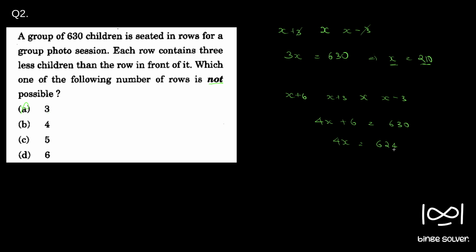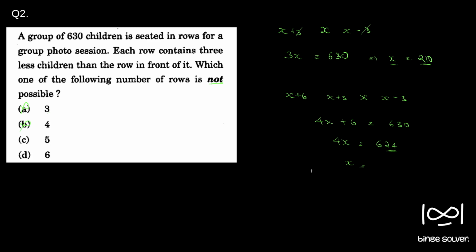Divisibility by 4 can be checked: if the last 2 digits are divisible by 4, and as you can see, it is divisible by 4. So 6 into 4 is 24. We need not find the x, but it is divisible by 4, and x is a whole number. So 4 is also not the answer.